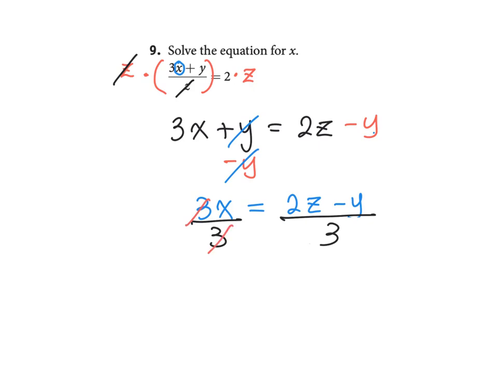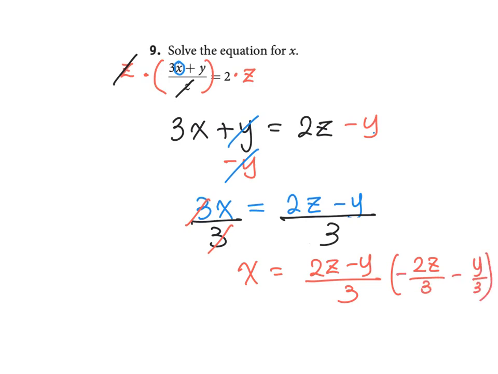So this will cancel. x equals 2z minus y over 3. That is the same as 2z over 3 minus y over 3. So those are the correct answers.